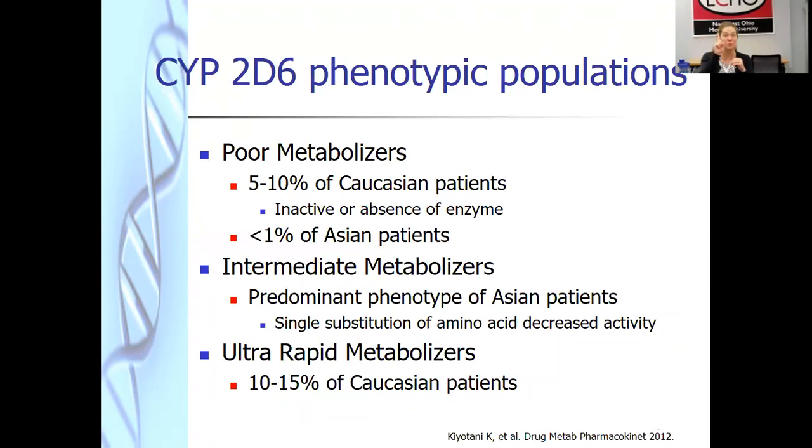That may be one base pair different that makes that difference, so we're really looking at the fine details. And ultra-rapid metabolizers have been found in about 10 to 15% of Caucasian patients.